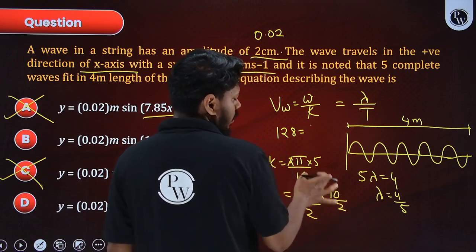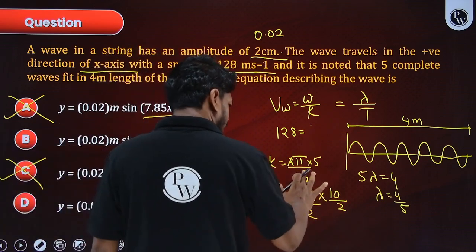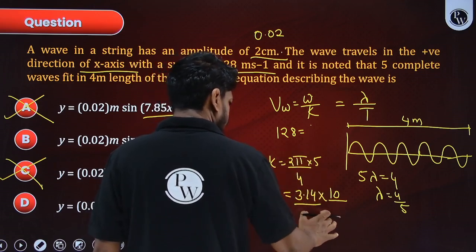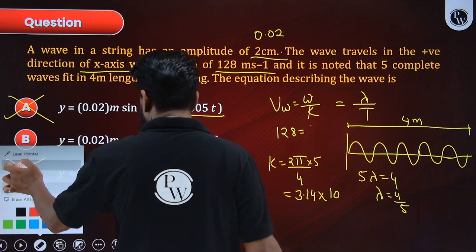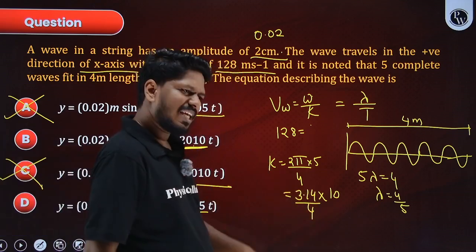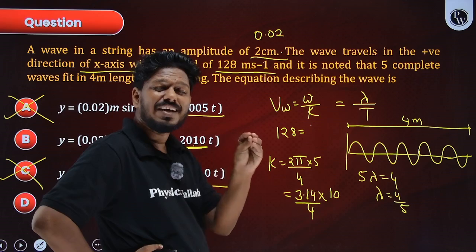This 2 is from here and pi has been written. Or in simple words, I need not cancel them. Pi times 2 is 10, divided by 4. If I divide 3 by 4, what will I get? 3 divided by 4 will give 0.75.